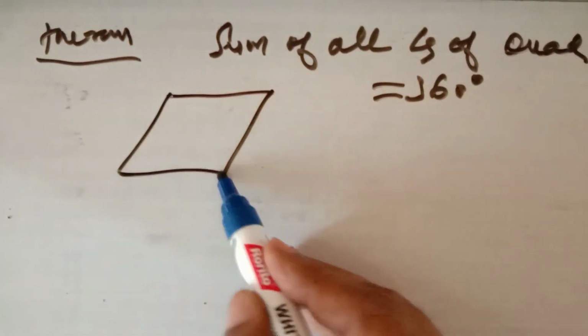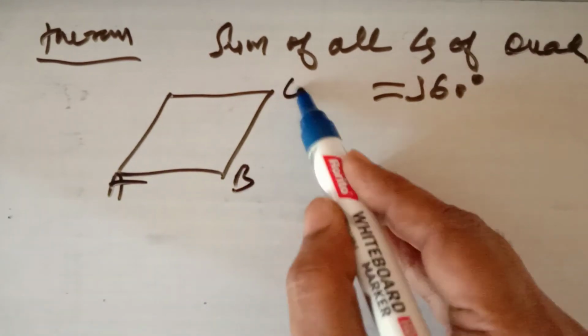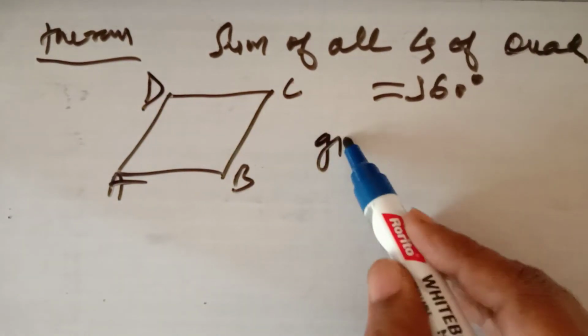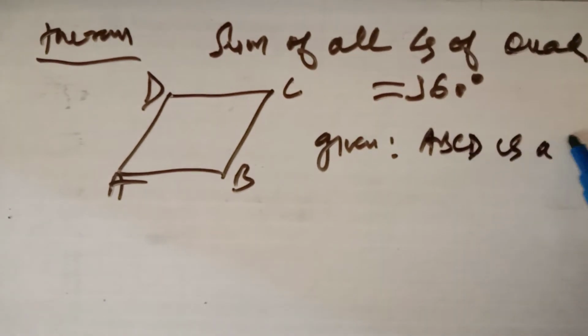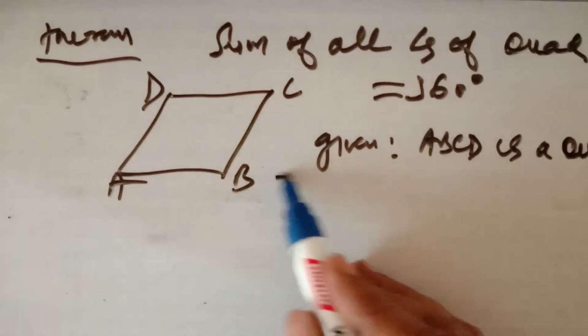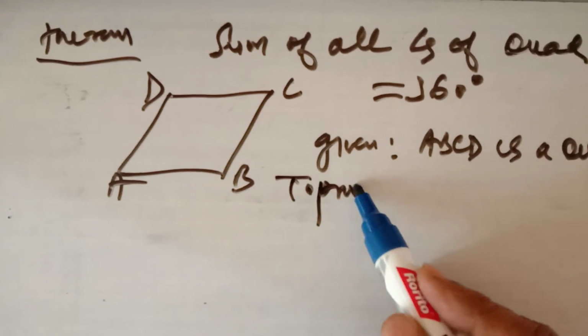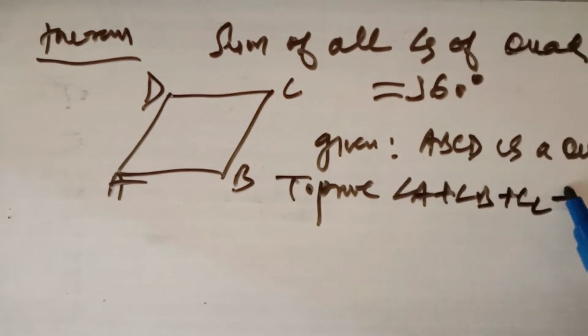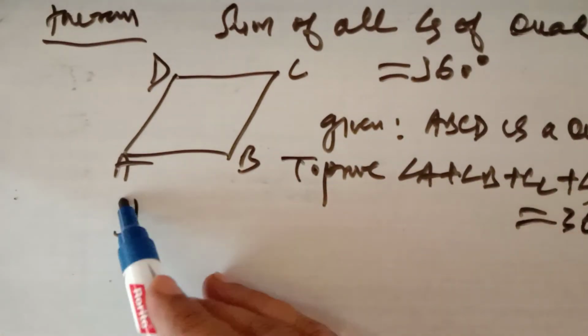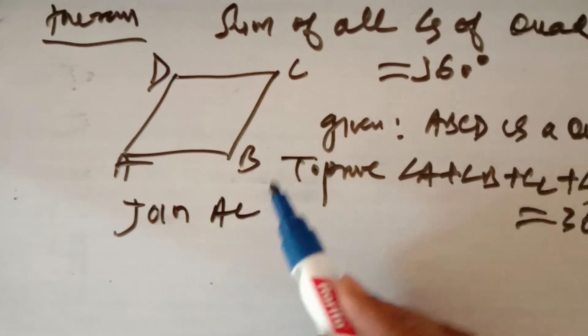So let ABCD be a quadrilateral. Given is ABCD is a quadrilateral, and you have to prove that the sum of all its angles is equal to 360 degrees. To prove it, join AC.